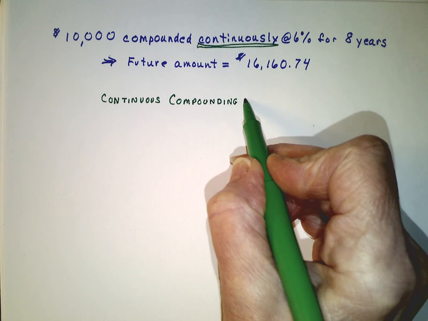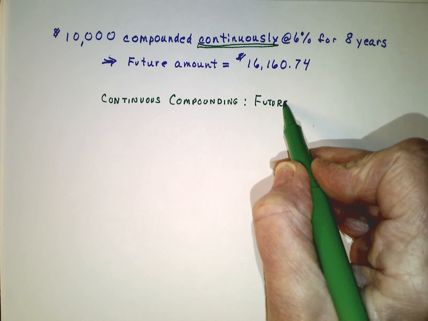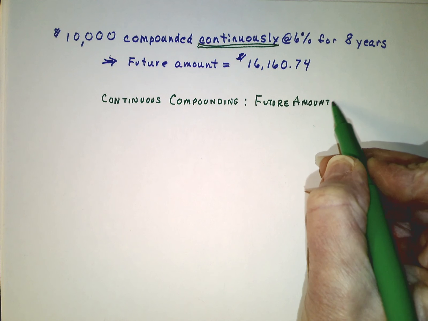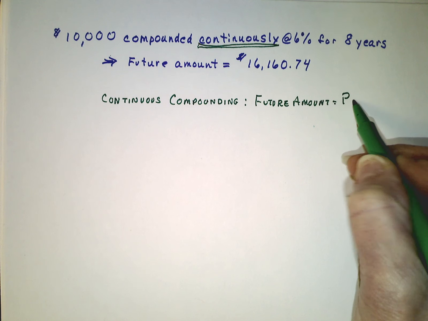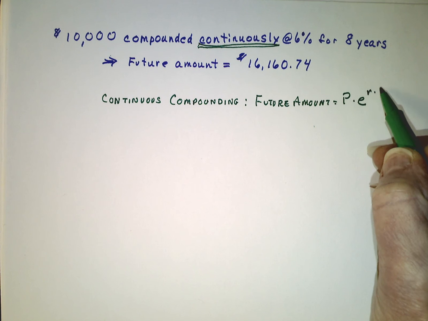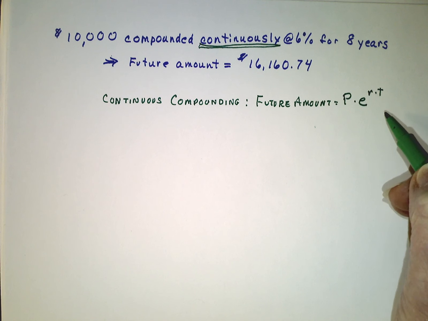Continuous compounding, the future value, future amount is going to equal the principal times that natural growth factor raised to the rate times the time, where the rate and time agree in units.